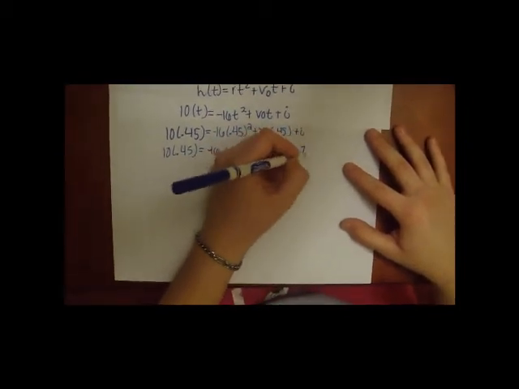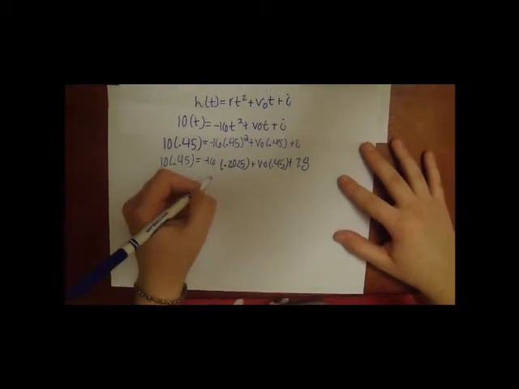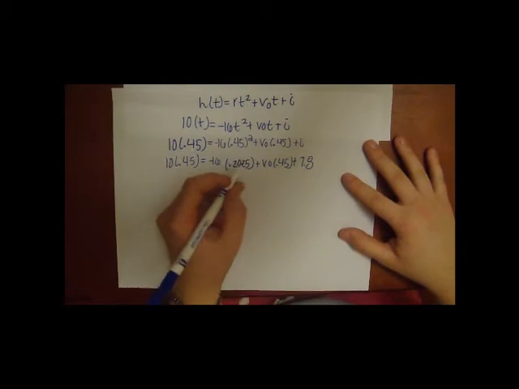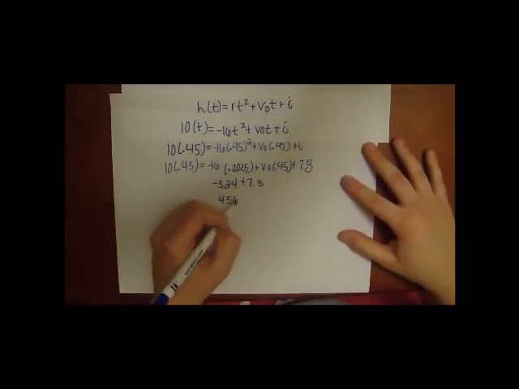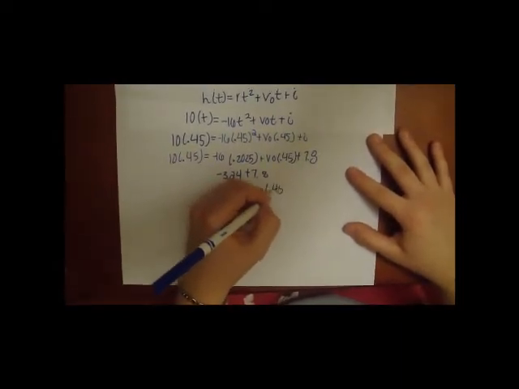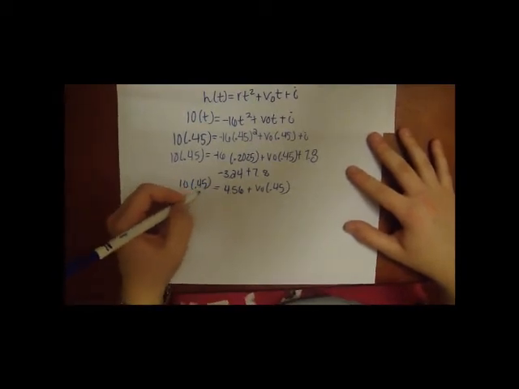And our initial height was 7.8. Now 0.2025 times -16 equals -3.24, and we add the 7.8 to equal 4.56. And then we still have the velocity times 0.45, all equal to 10.